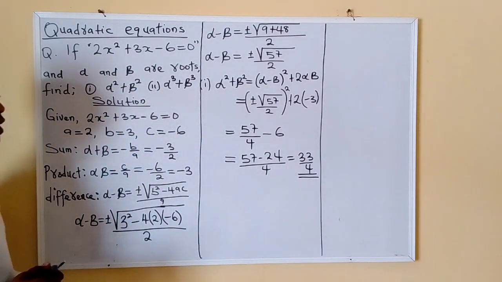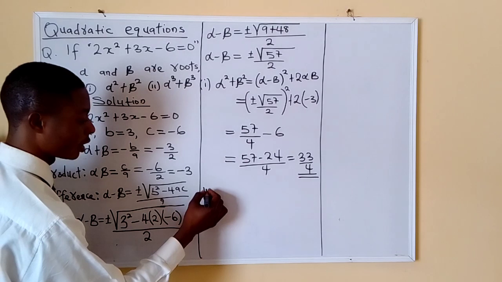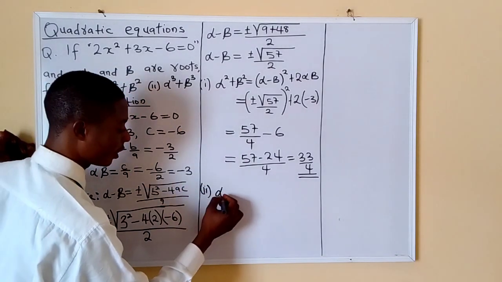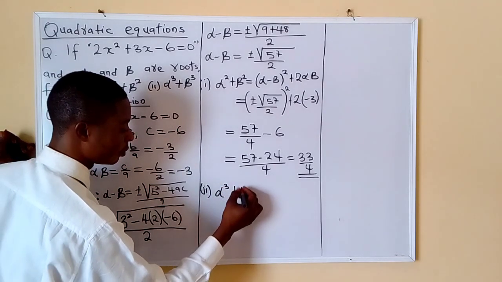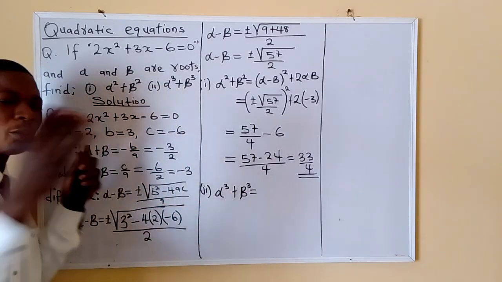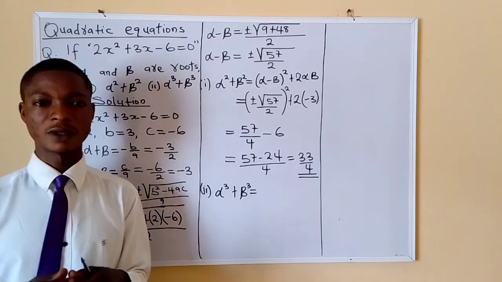Let's proceed to alpha cubed plus beta cubed. Look at it well. For alpha cubed plus beta cubed, the whole burden of the work lies in knowing your factorization.